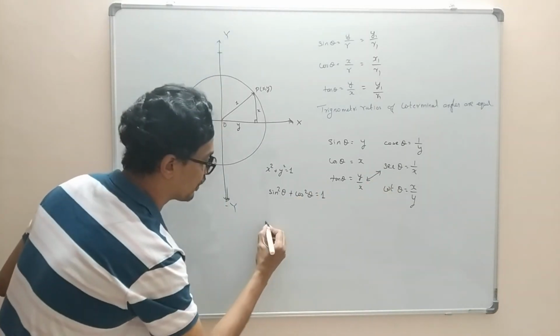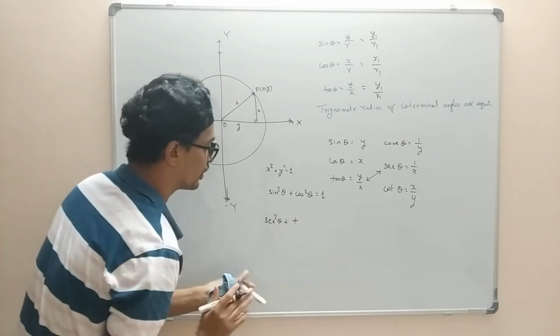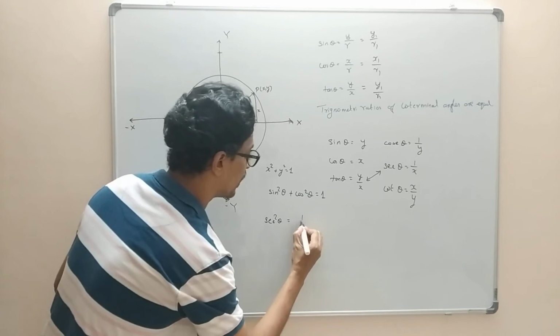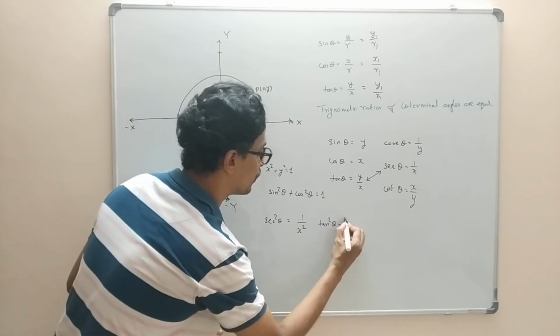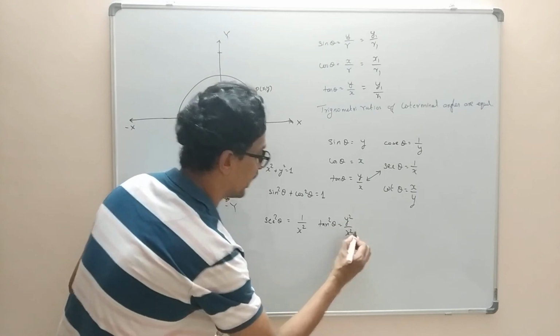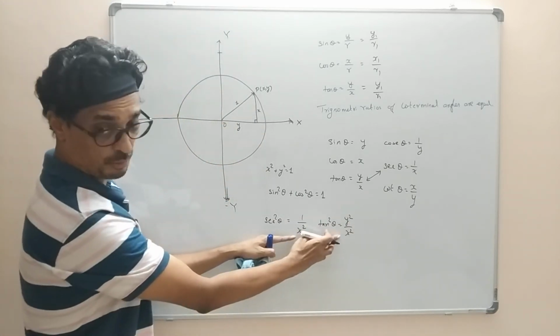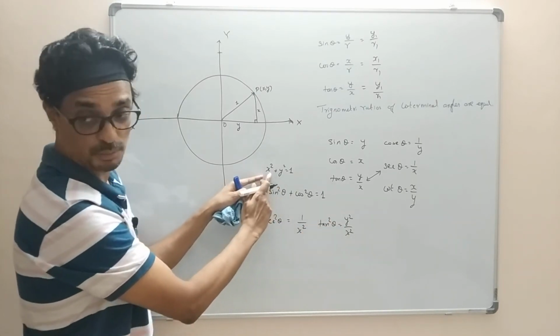Okay, so sec square theta will be equal to 1 by x square and tan square theta equal to y square by x square. If I take the difference, what happens? The denominator x square is common. 1 minus y square is nothing but x square.